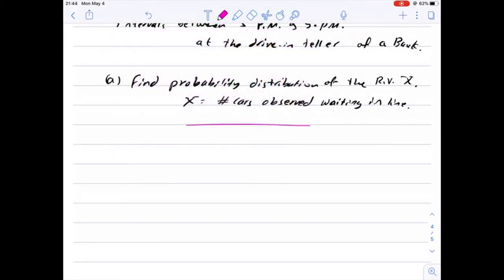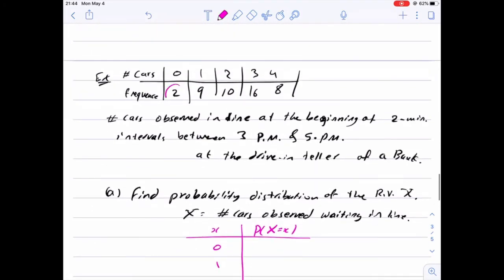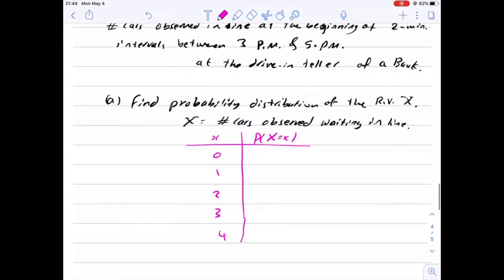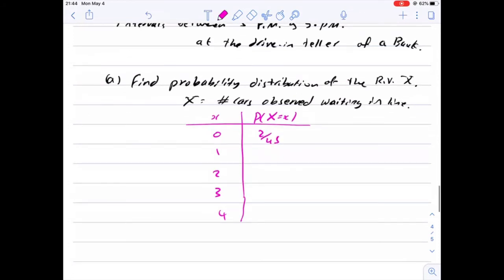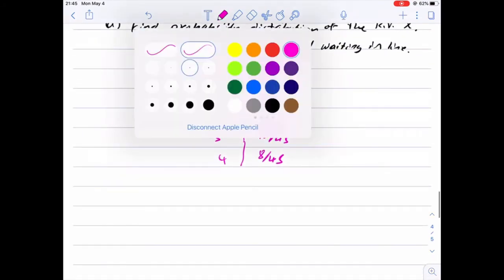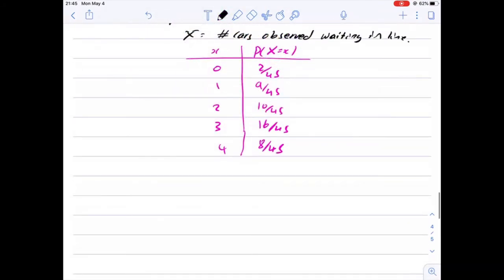So we make a table with X representing the number of cars: 0, 1, 2, 3, and 4. And the probabilities: the first probability is 2 out of how many? 2 out of 45, the total of the frequencies. So 2 over 45, 9 over 45, 10 over 45, 16 over 45, and 8 over 45. We can check that this is a probability distribution.